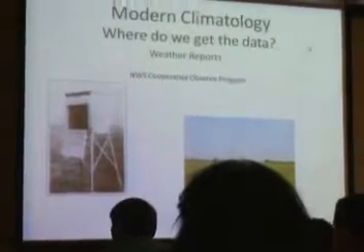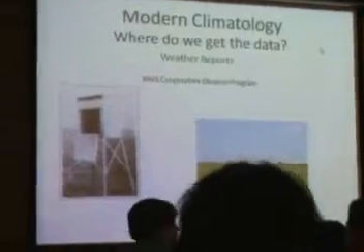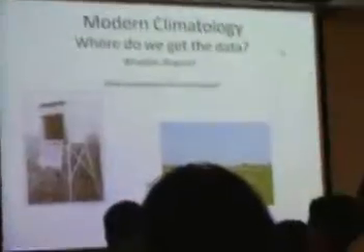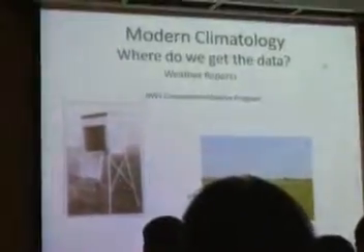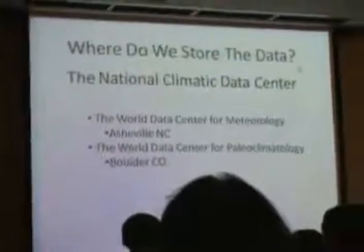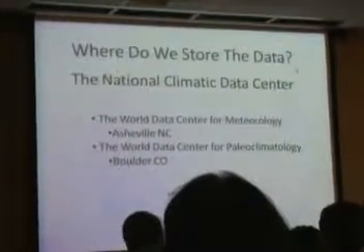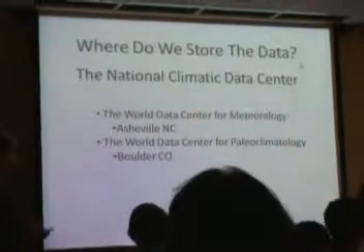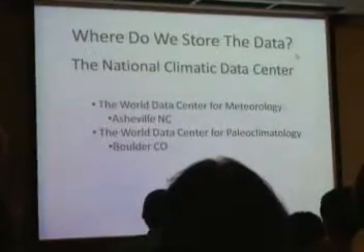And whenever you're dealing with data, you have to understand uncertainty. You can never measure something exactly. So it's only a question of how much error there is in your observation. So where do we store these data? Well, the National Climatic Data Center, the World Data Center for Meteorology, is in Asheville, North Carolina.